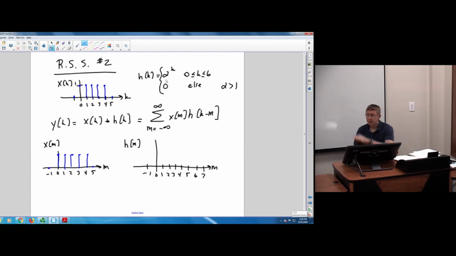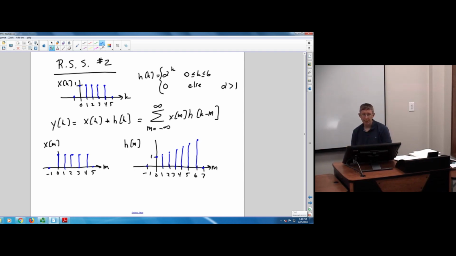Alpha is bigger than 1, so we said this one's kind of blowing up with time. At time 0, alpha to the 0 is still 1, so it still starts at 1. But then as time goes on, it's getting bigger and bigger and bigger. That's 0 there and 0 everywhere else.